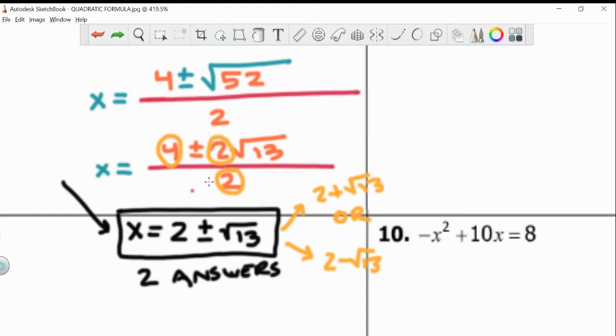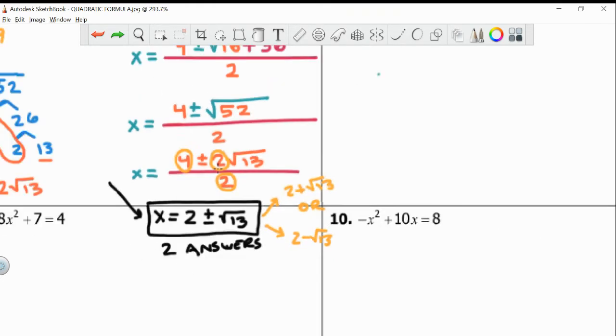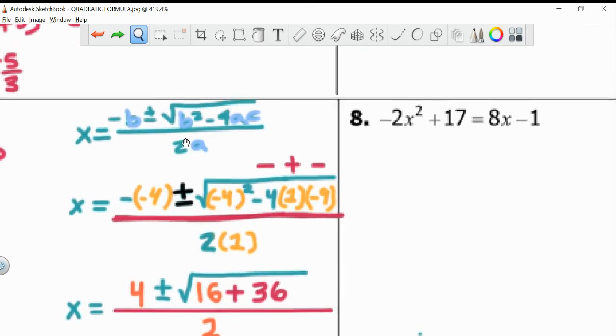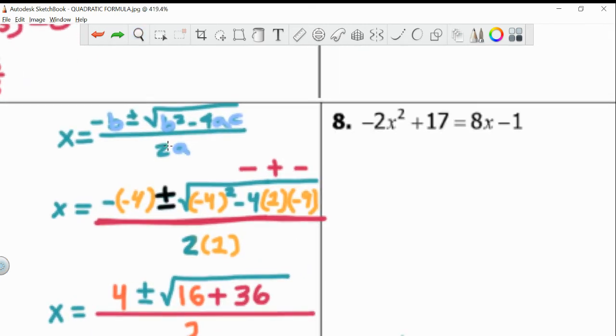Keep that in mind for sure. Okay, the plus or minus. And the reason we have the plus or minus is literally just because we're lazy. Okay, we don't want to have 2 different formulas where one of them has a plus and then the other formula is x equals negative b minus square root b squared minus 4ac over 2a.